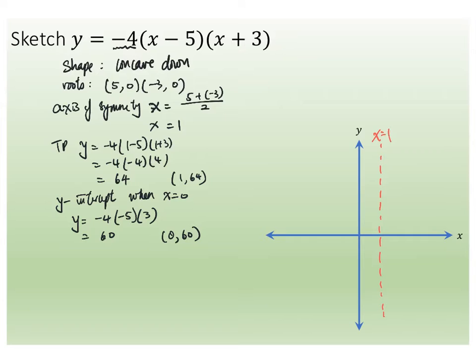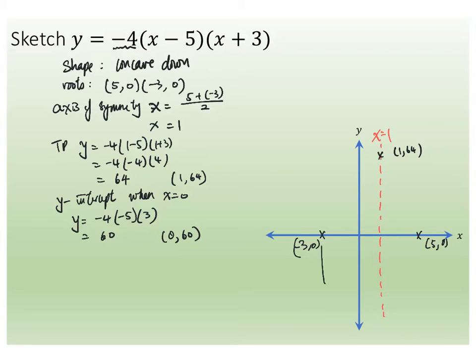So now, start off with the axis of symmetry, x equals 1. Alright? You know that the turning point here is (1, 64). And the roots, one is 5, one is −3. So let's say this is (5, 0). And this is (−3, 0).